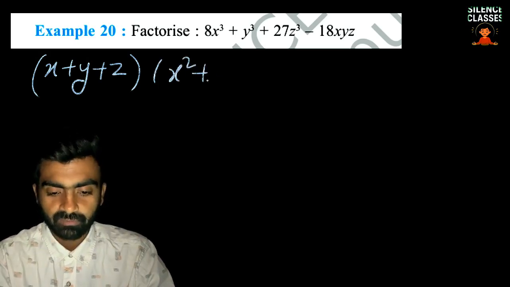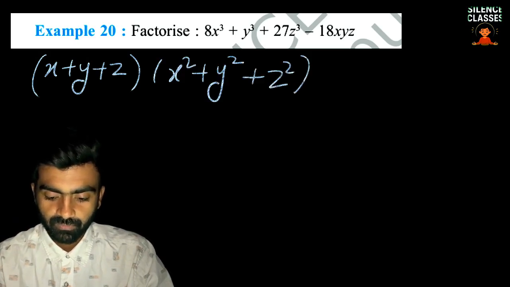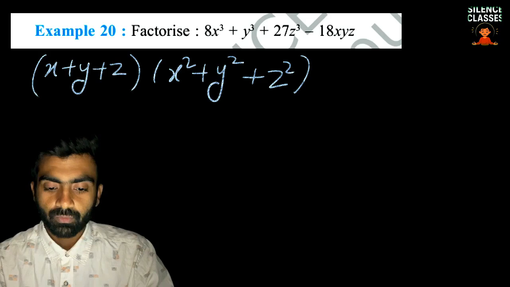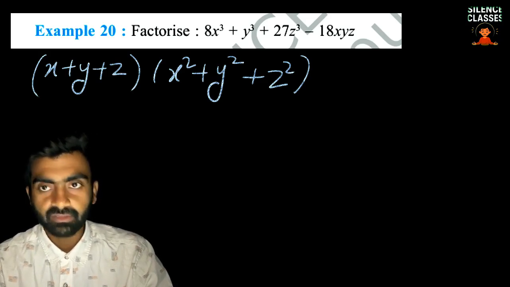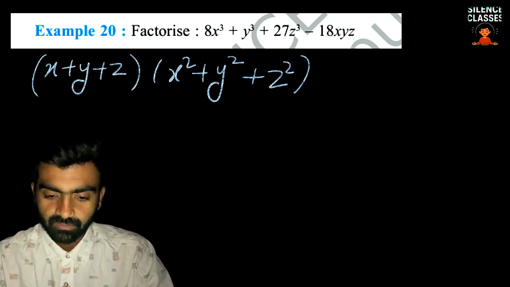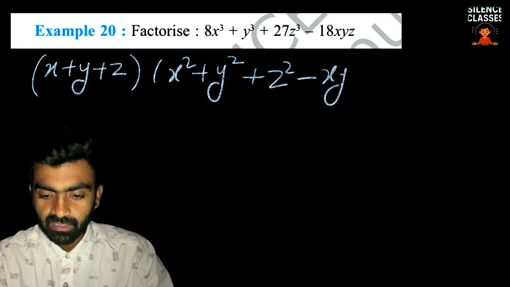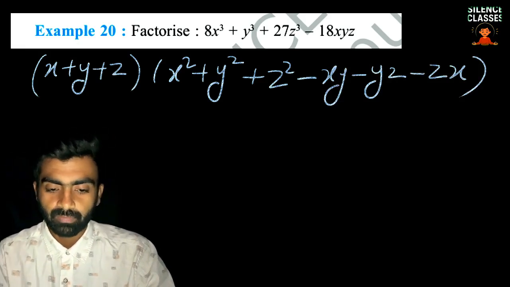Now a minus sign will be there. So we write minus xy minus yz and minus zx. Now we have to put in this particular manner, we have to find it out.